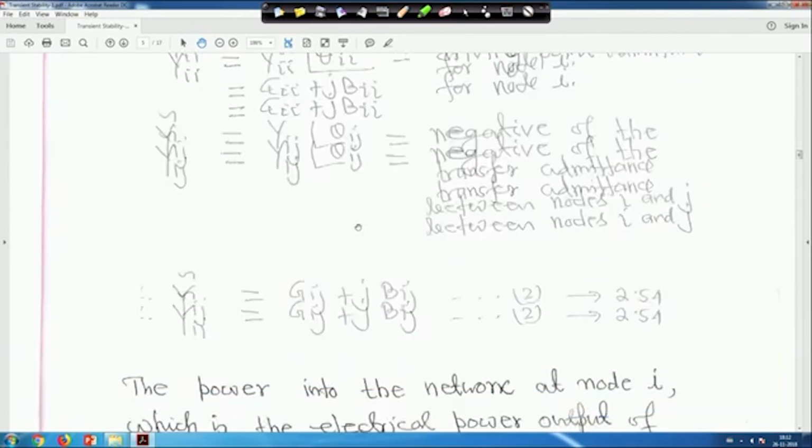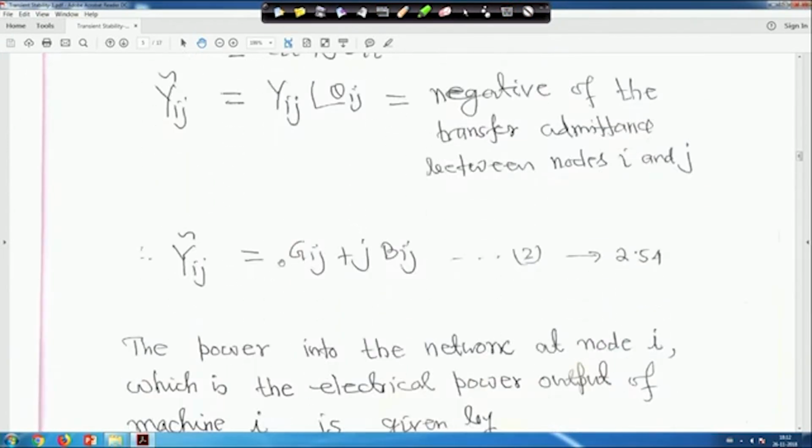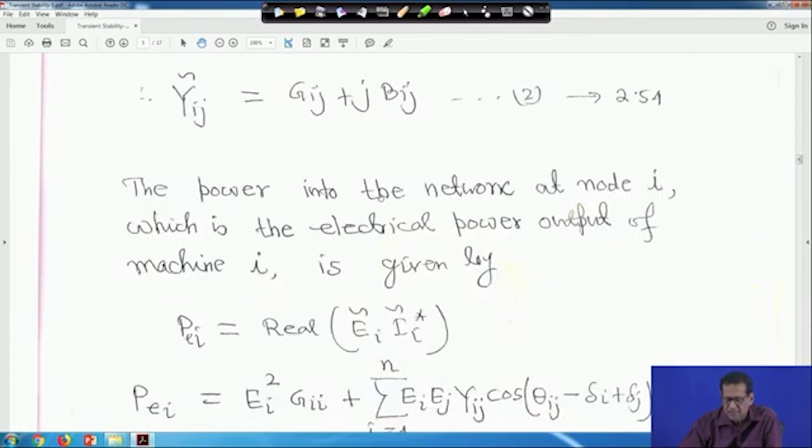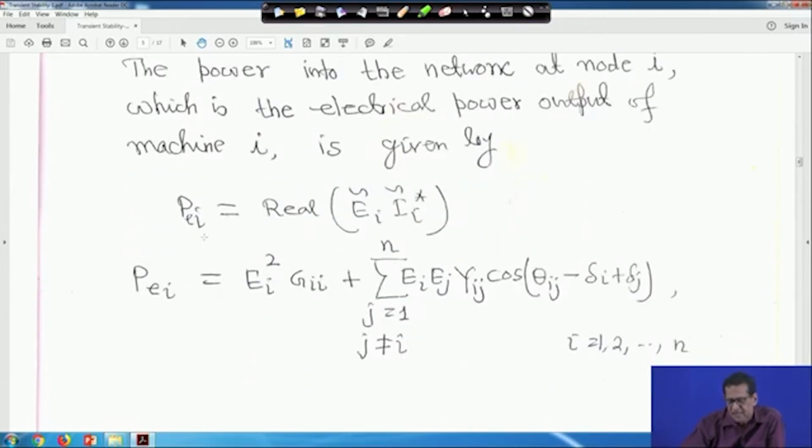Next, Yij can also be written as Gij plus jBij, this is equation 2. Now, the power into the network at node i, which is the electrical power output of machine i, is given by PEi equal to the real part of Ei tilde into Ii conjugate tilde. From load flow studies you know how to do this.